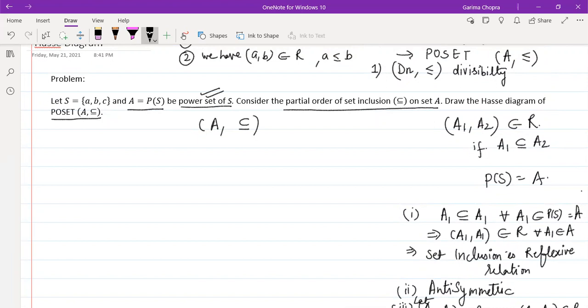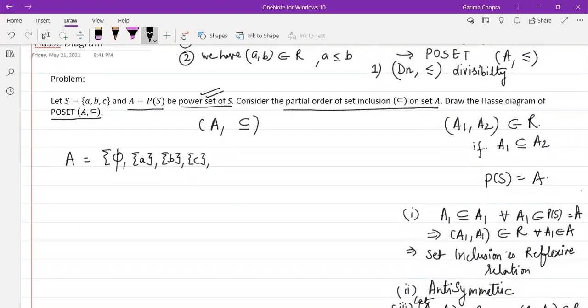Now let us draw the Hasse diagram. So let us first see what elements we have in our set A. Set A is the power set, so it will have all subsets of the set S. So we will have phi. Then we will have the singleton set {A}, then another singleton set, and the last singleton set will be this one.